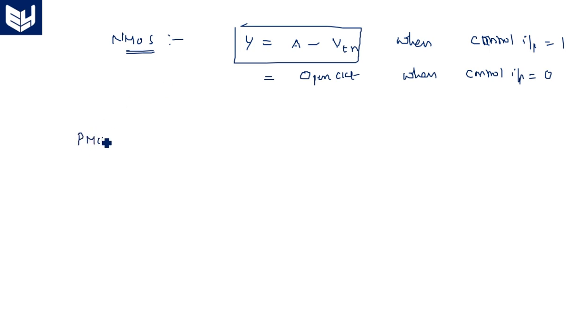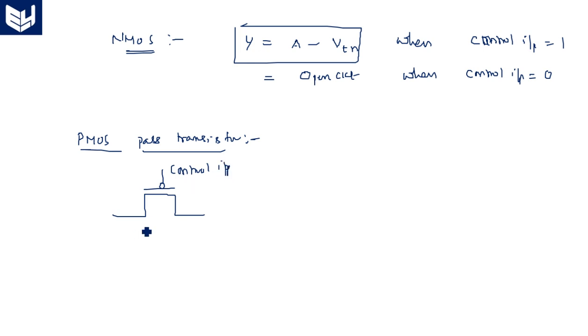Suppose it is a PMOS pass transistor. The PMOS pass transistor also acts like the NMOS pass transistor, but here we have a control input, and this is A, this is Y. Now Y is equal to A plus VTP.